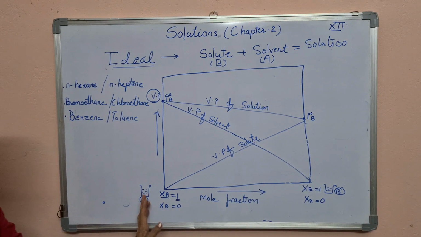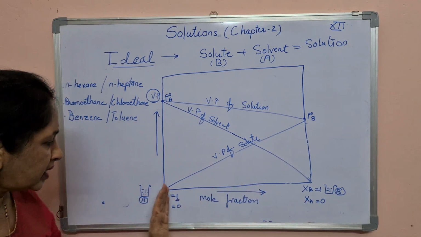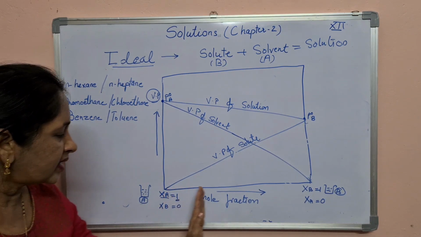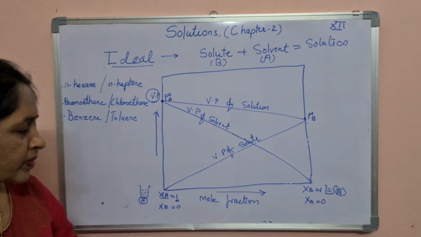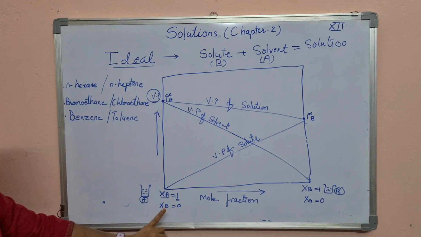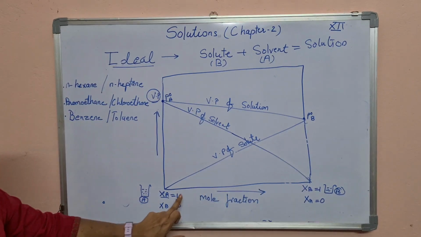As we are moving this side, XA becomes 0, meaning the mole fraction of A decreases this side. And XB, when I am moving this side, becomes 0, so the mole fraction of B decreases this side.